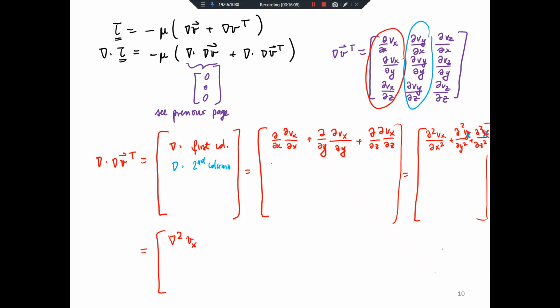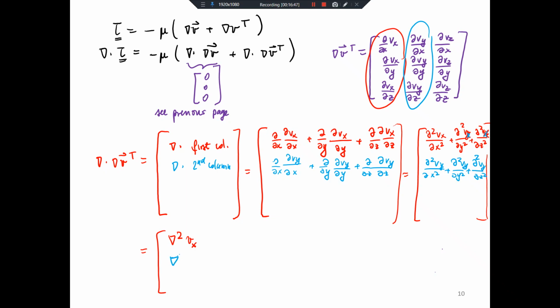So now the divergence of the second column is d/dx of the first element, dvy/dx, plus d/dy of the second element, plus d/dz of the third, dvy/dz. And this is basically second order derivatives: d squared vy/dx squared plus d squared vy/dy squared plus d squared vy/dz squared.